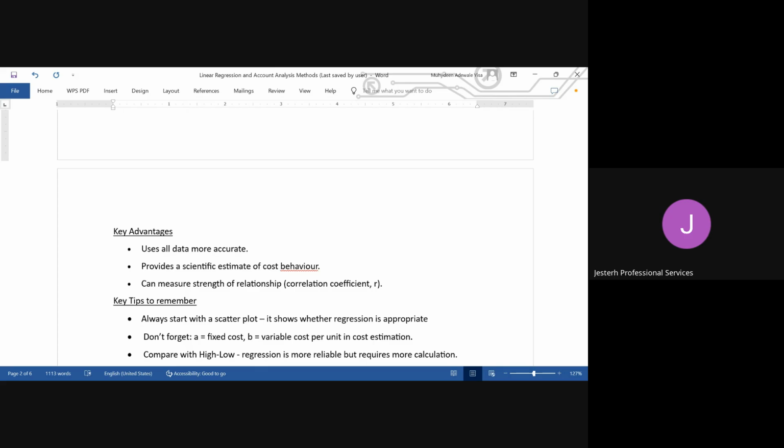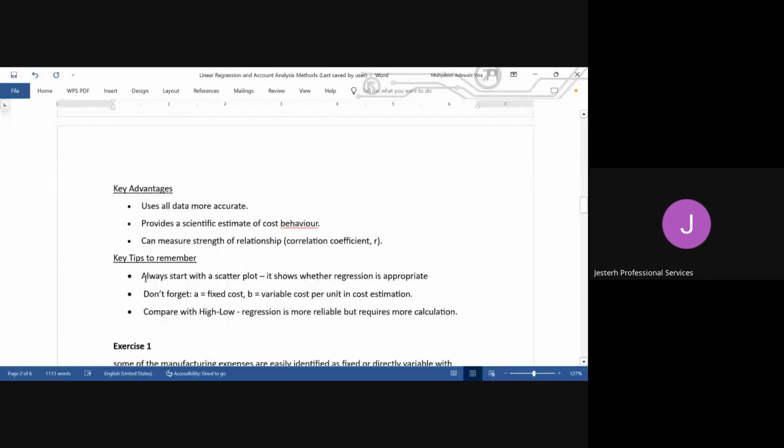It helps us to come up with well-structured information after we have processed all the data. It provides a scientific estimation of cost behavior, and then we can use the strength of relationship. That one is talking about where we can use the correlation coefficient.